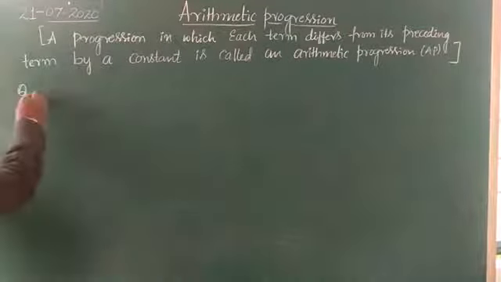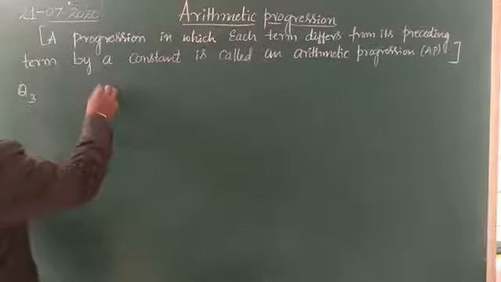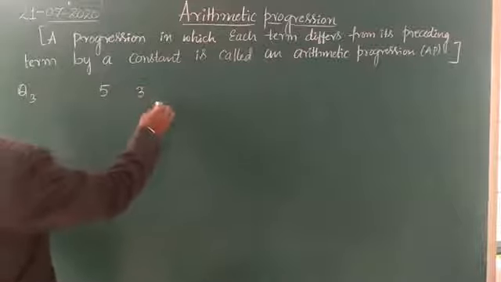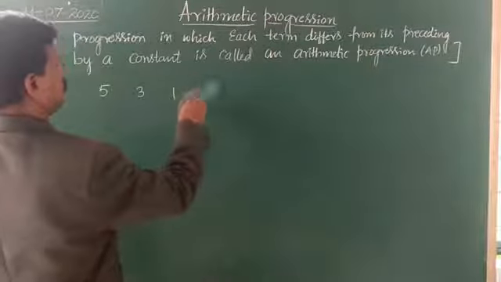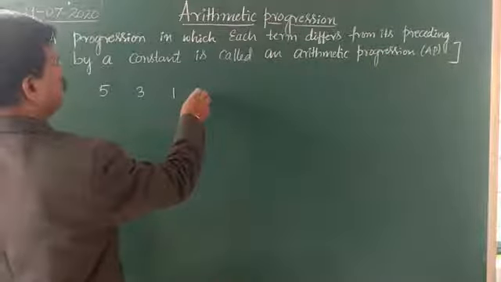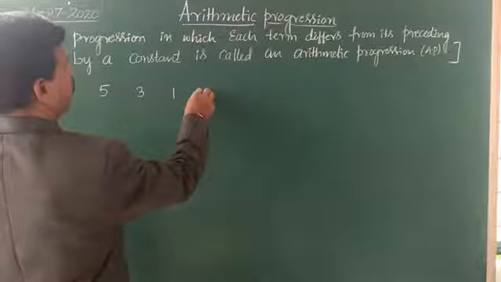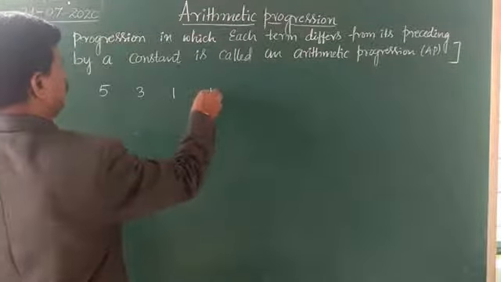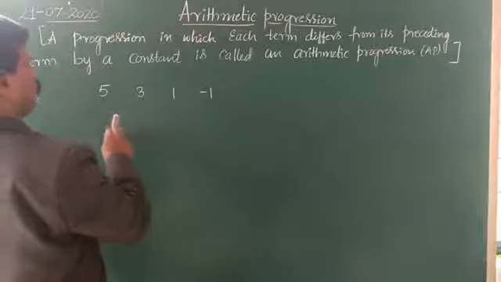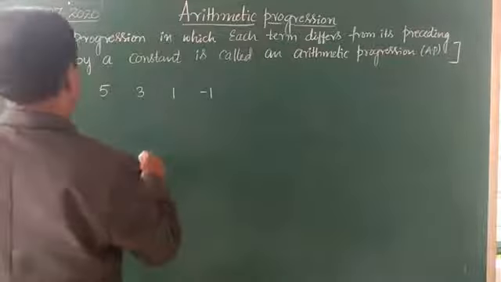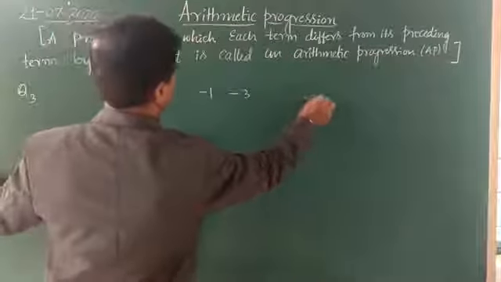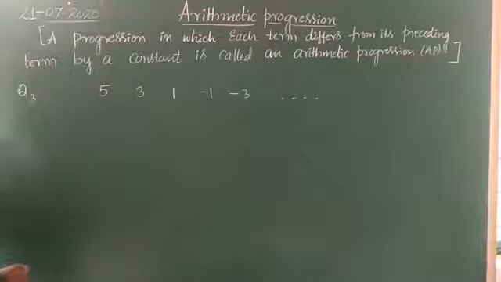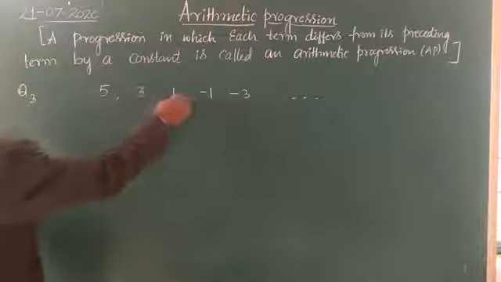I'm taking question number 3 like this: 5, 3, 1, minus 1, minus 2, minus 3, etc. Now we have to check whether this progression is an AP or not.